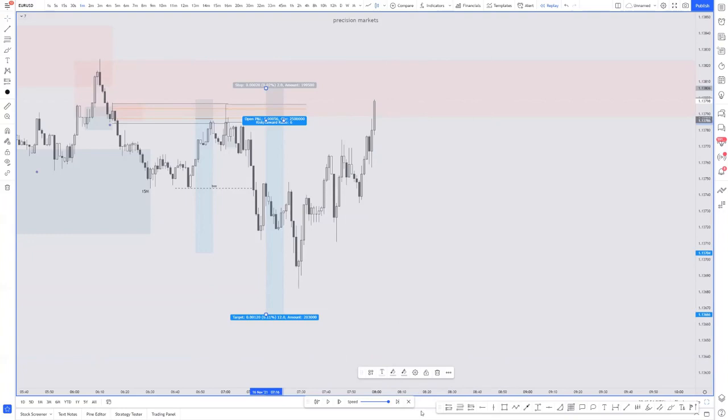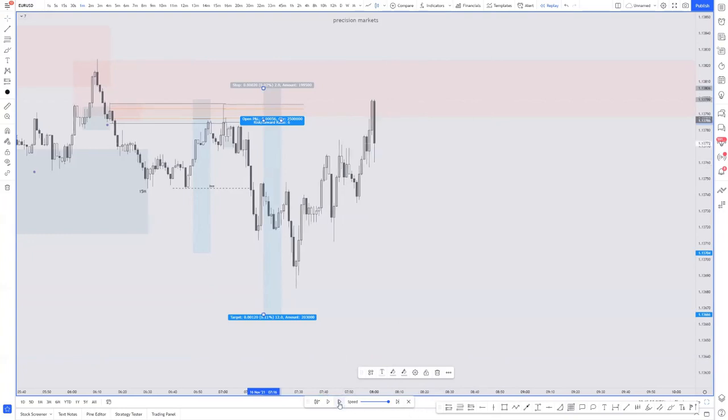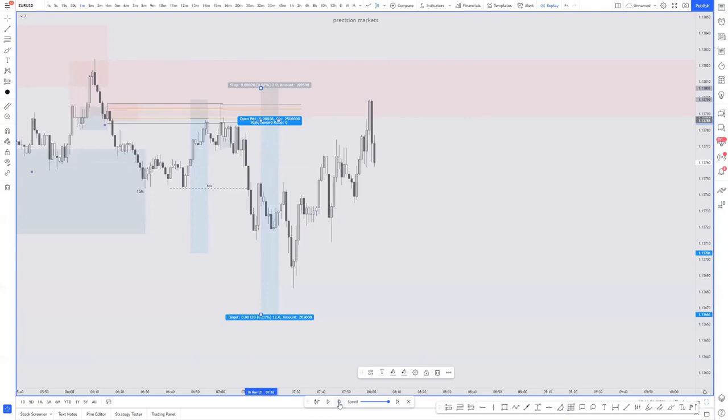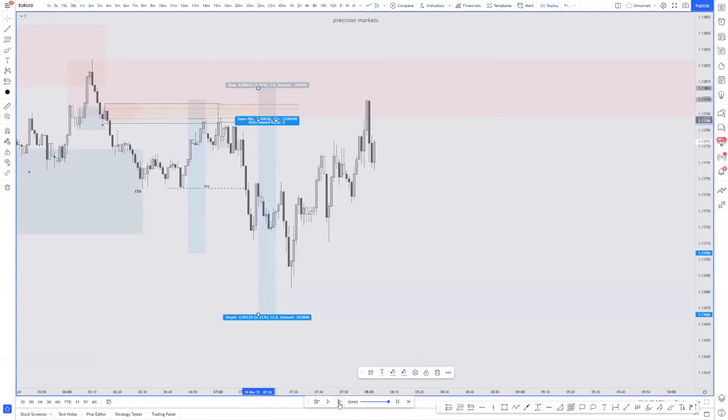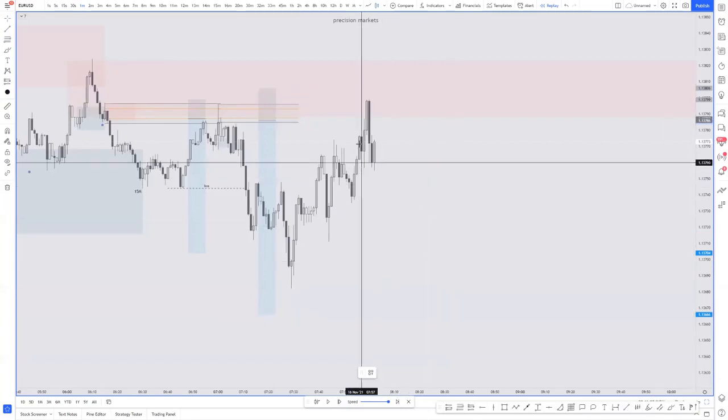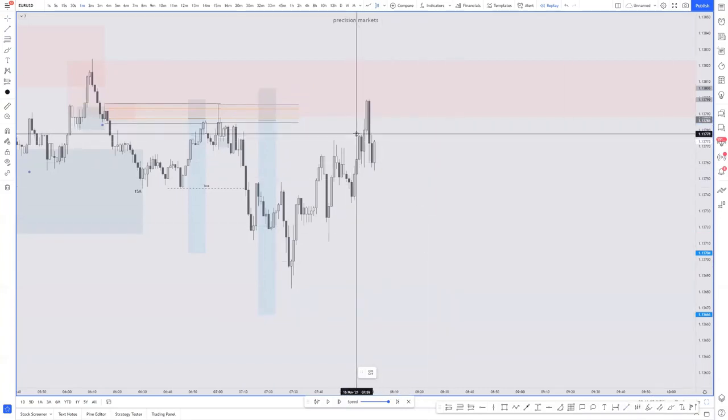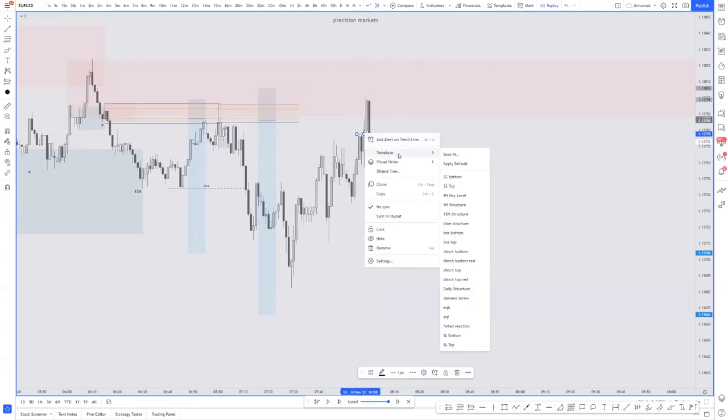And a lot of the times that is what I'll do. For those of you that have gone through the course, you'll notice that I pushed that very heavy. So right here, we have a sweep of the highs. This is the first chalk that we've seen off this supply.